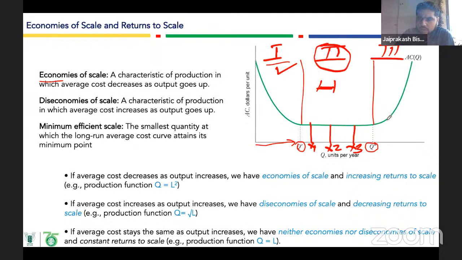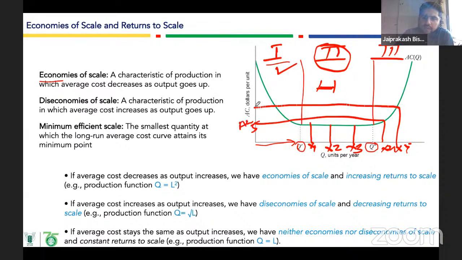In third zone, to produce extra quantity, let's say x4 or x5. So to produce x4 quantity of output in zone 3, you have to incur some cost AC5, again to produce AC4.